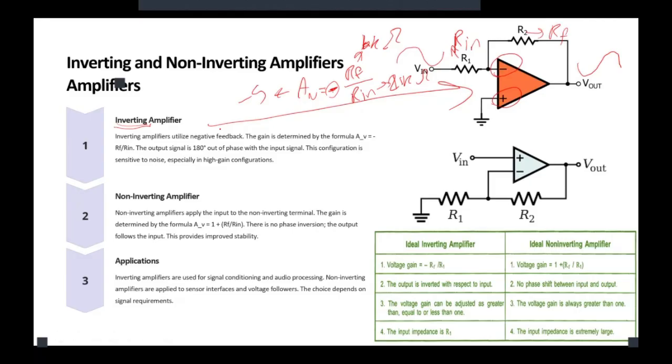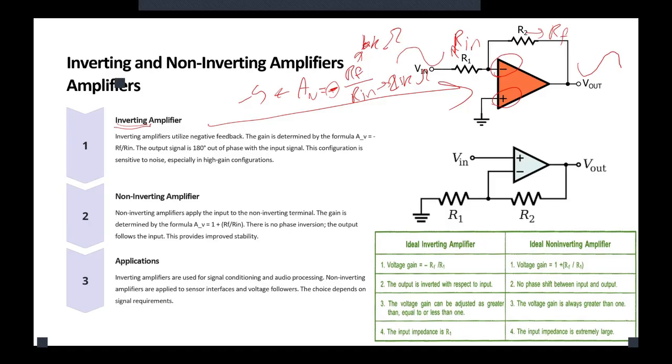That means if you have an input of 1 volt, you are gonna have an output of -5 volt. This configuration is extremely common in audio processing, signal conditioning, or analog computation. So it's important to know how it works.